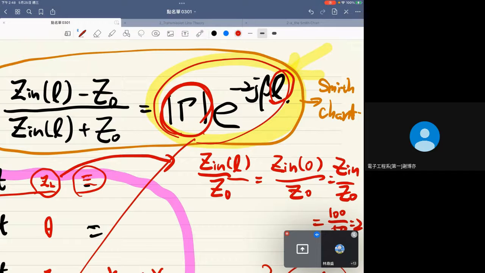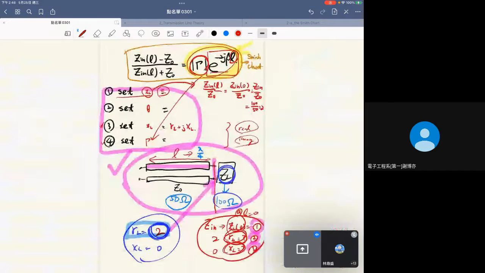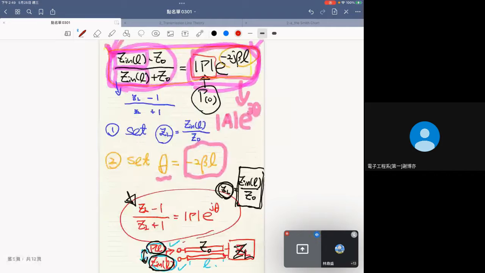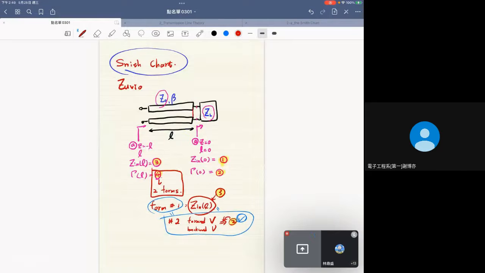The absolute value of the reflection coefficient will never change, only the phase of it changes. So at any position of the transmission line, the absolute value of the reflection coefficient is always the same. The only thing that changes is theta. Okay, come back.